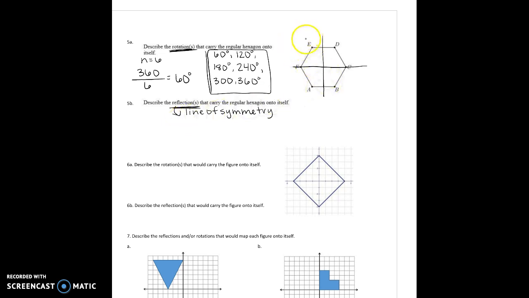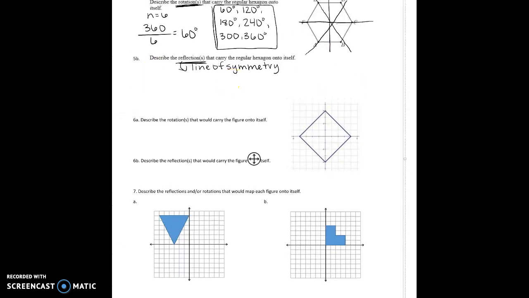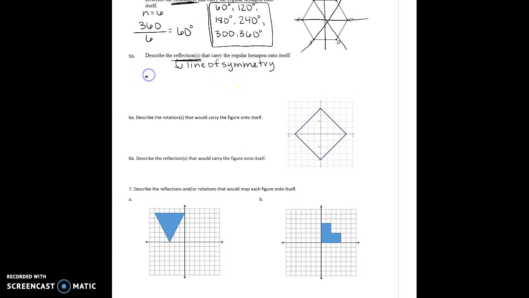We're also going to have lines of symmetry if we cut this diagonally.